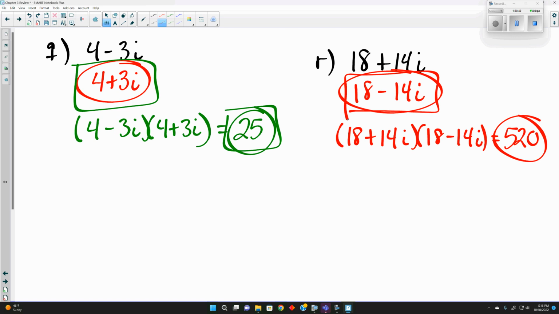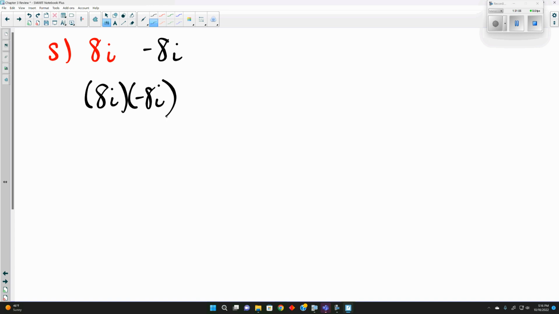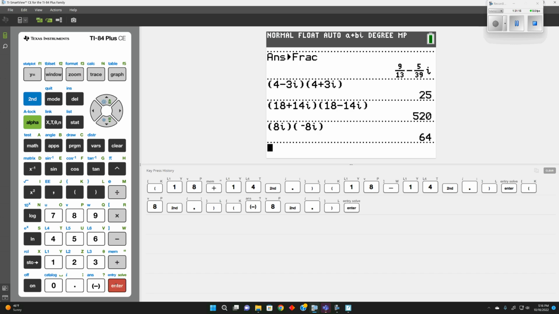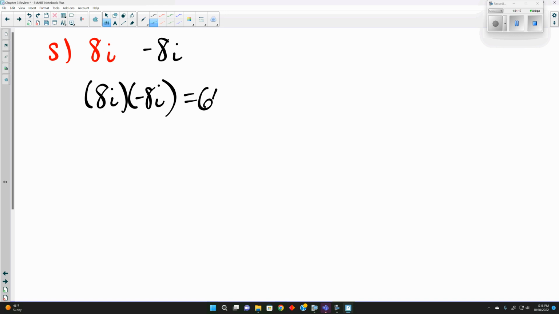Last two. So the next one we have is S, which is 8i. And again, that's what they gave us. So its complex conjugate is negative 8i. And to find their product, we're multiplying 8i by negative 8i. And again, we can still type this in, 8i times negative 8i. Enter. And we get that this is 64. So our two answers are negative 8i and 64.